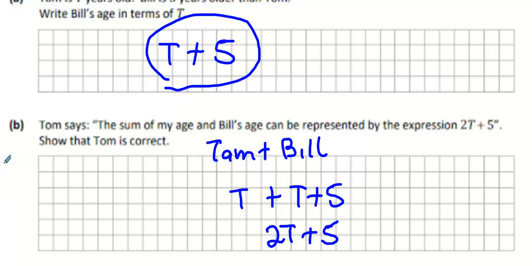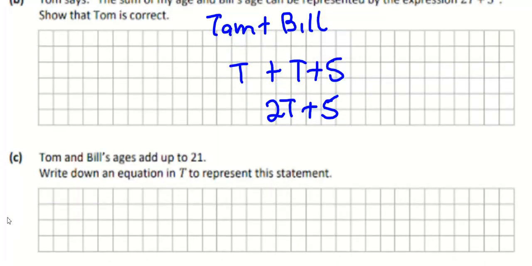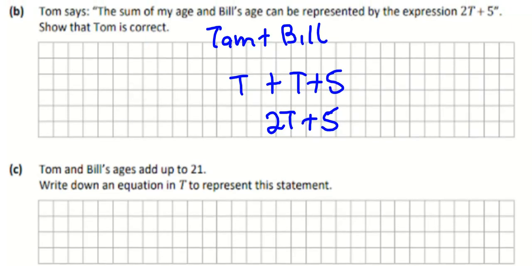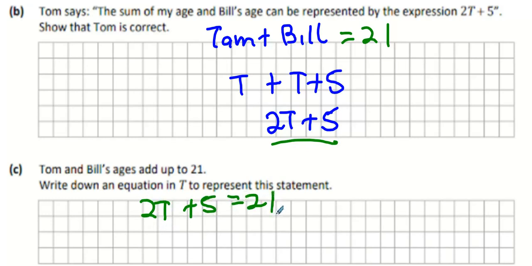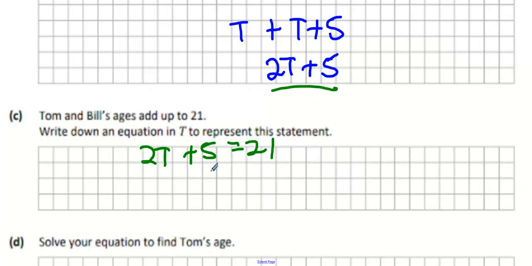Now, next thing. Tom and Bill's age, when you add their age, it adds up to 21. So what does that mean about this formula here? That adds up to 21. How'd you do the green one up here?